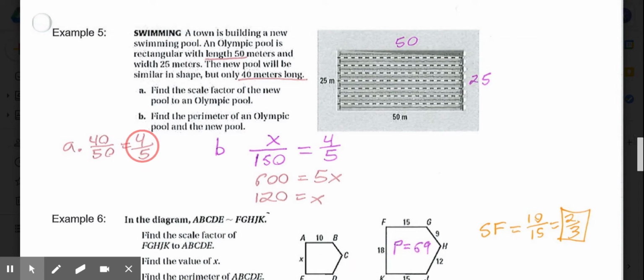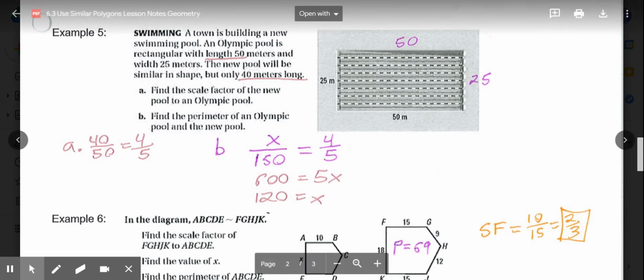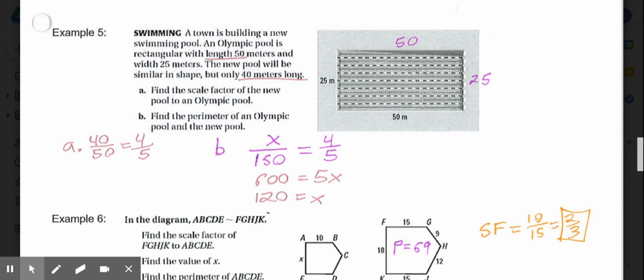Now we're going to use that scale factor to find the perimeter of the new pool. So the perimeter of our current Olympic pool would be 50 and 50, 25 and 25. So add that all up, 150. So the perimeter of the new pool over the perimeter of the Olympic pool equals our scale factor of 4/5.